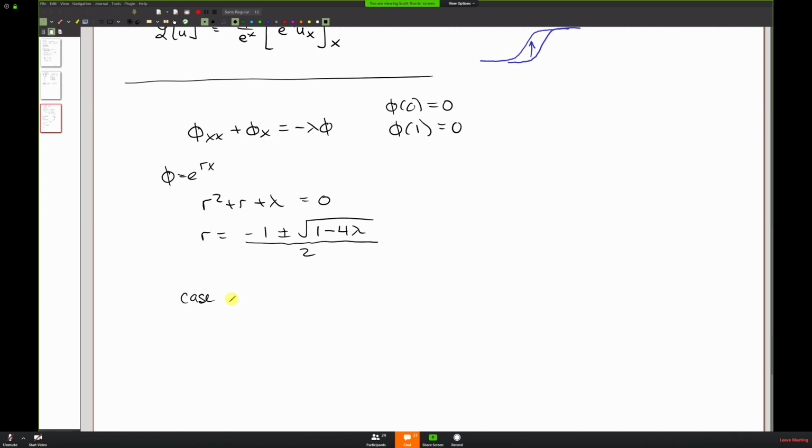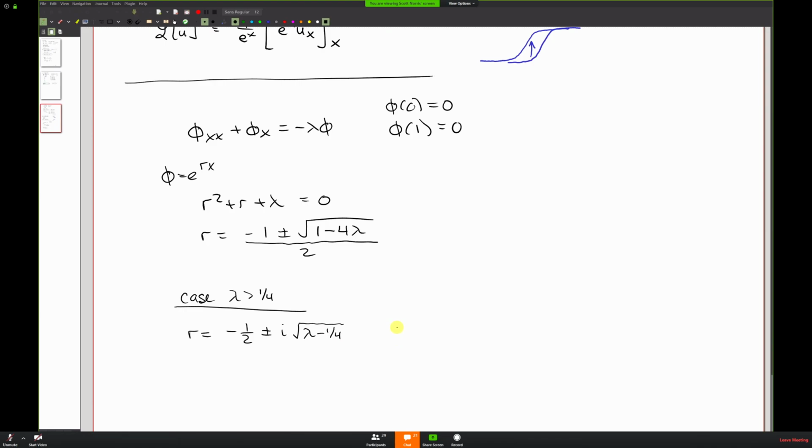Okay, and so I'm going to consider the case lambda greater than 1/4. And in that case, this is negative. I can pull out a minus sign as an i. I get R equals -1/2 plus or minus i square root of, what I'm going to do is pull out a factor of 4 from the square root, which cancels the 2, and I'm going to be left with lambda minus 1/4.